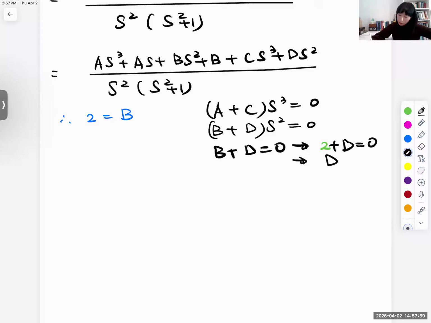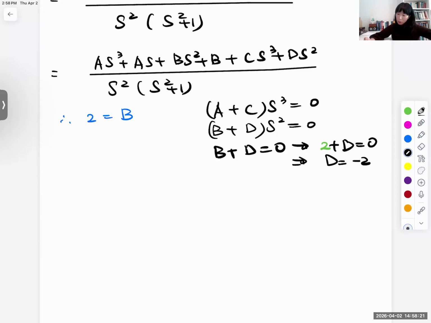So d equal to -2. What is missing? A plus C is missing, right?